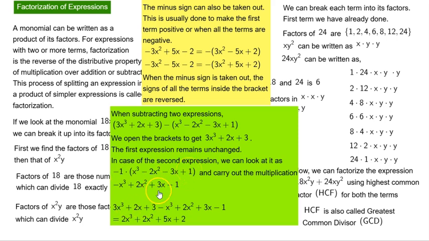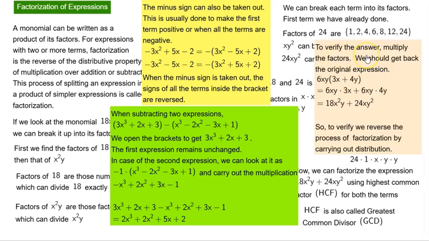So when we combine these two, we get 3x cubed plus 2x plus 3 minus x cubed plus 2x square plus 3x minus 1. And when simplified further, we get 2x cubed plus 2x square plus 5x plus 2. So this is the way to look at opening up a bracket when a negative sign is outside.